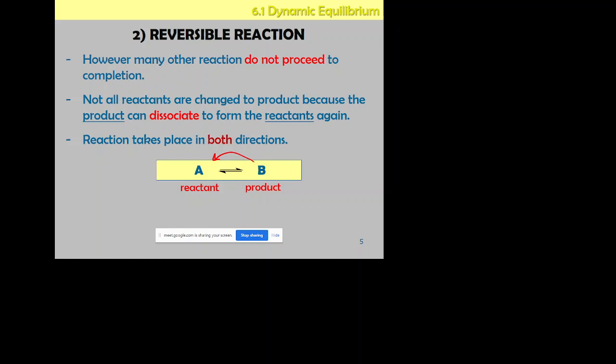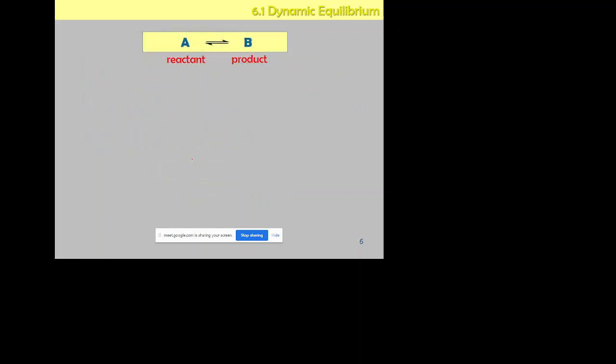Okay, it means that A and B does not completely react. Okay, kita tak ada limiting, tak ada excess reactant here. Because sekarang bukannya semua A jadi B, we will have some of A yang akan jadi B and some of B jadi A, vice versa lah. So dia orang akan keep bertukar. Never ending cycle.